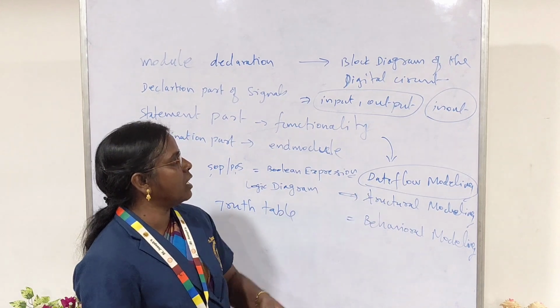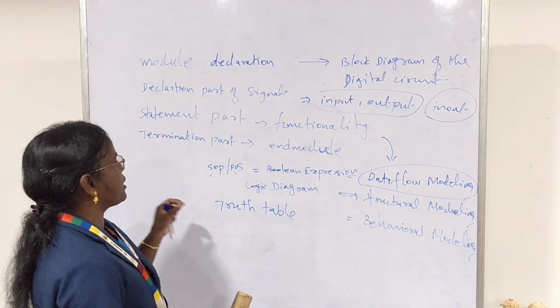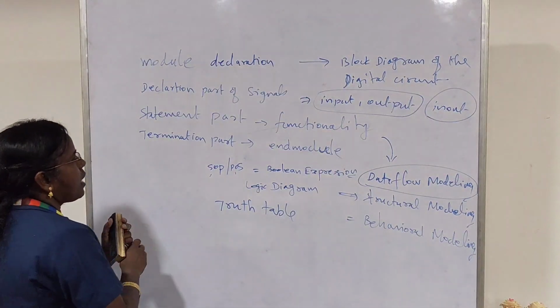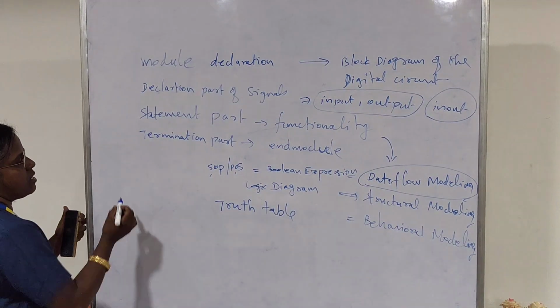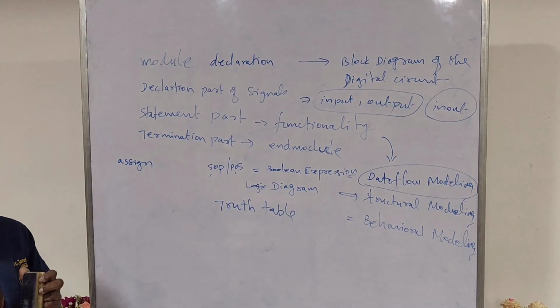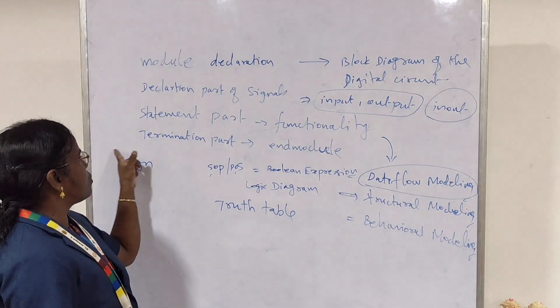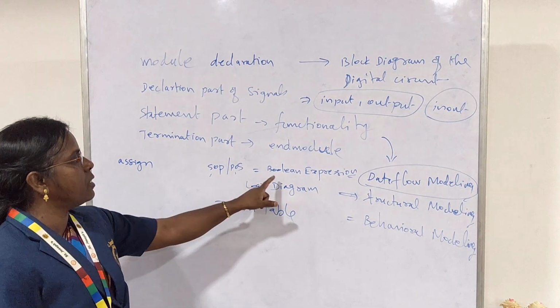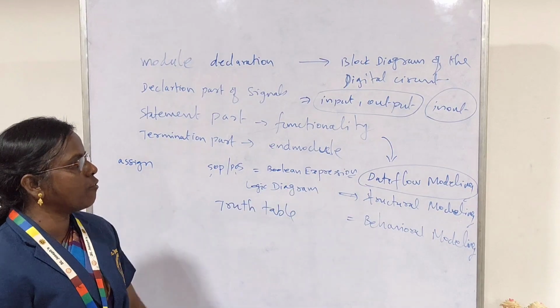In data flow modeling, we have to implement the Boolean expression, so for that we have to use the continuous assignment statement. We just use the keyword assign and the assignment statement. So the continuous assignment statement is the mechanism for implementing data flow modeling.